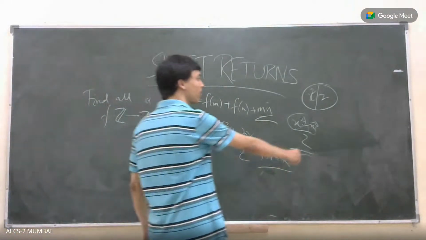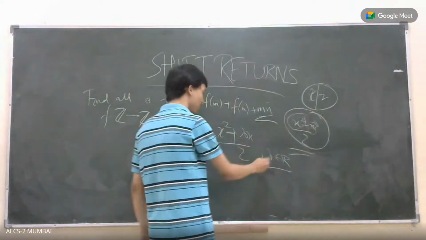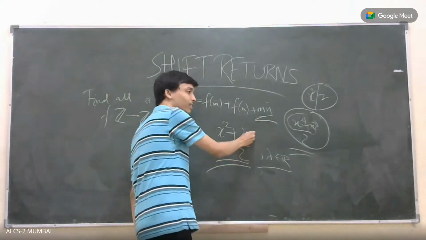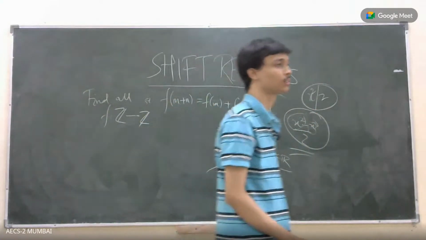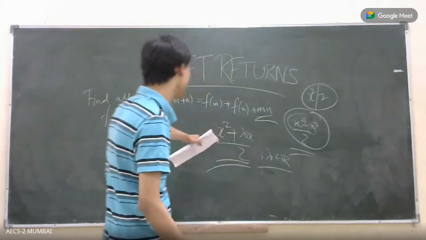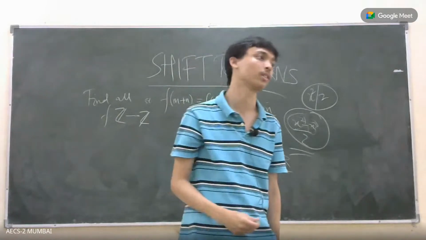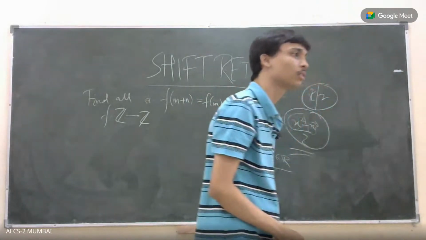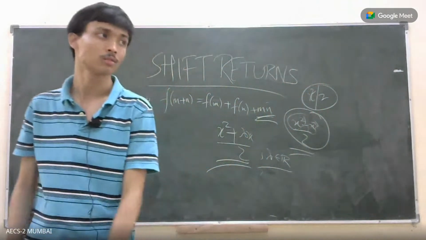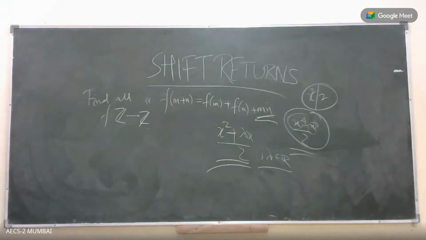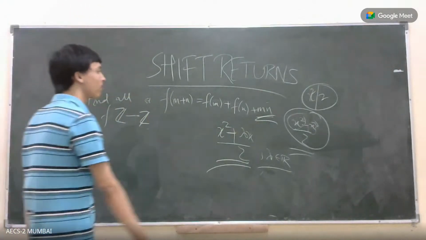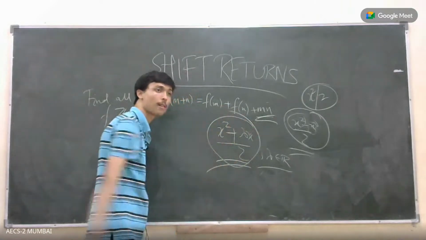Convincing yourself that this is a solution will take 1 second, because all the x square terms will cancel and then you will just have Cauchy. So have all of you verified that this is a solution?